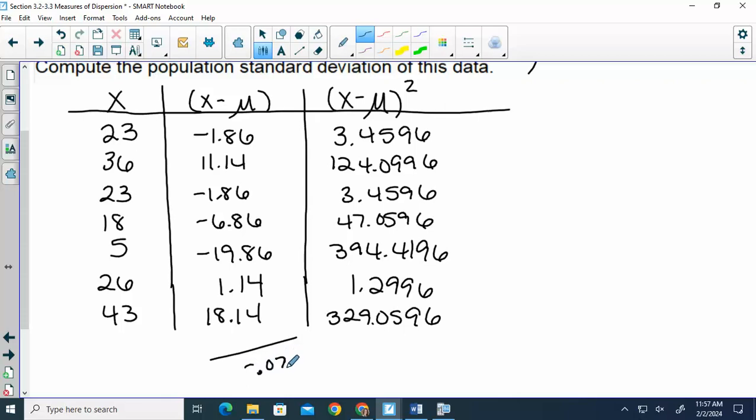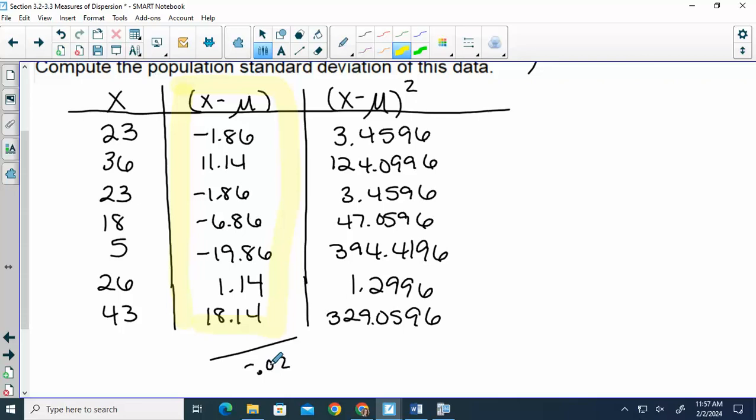I got negative 0.02. If you are correct, this column should always add up to 0 because it's measuring your distance from the mean. Why did we not get 0 exactly? We rounded the mean. So it's slightly off, but it should be very close. That's an easy way, especially on a test, to catch any mistakes: add that up and it should be 0, or if you rounded your mean, something very, very close to 0.